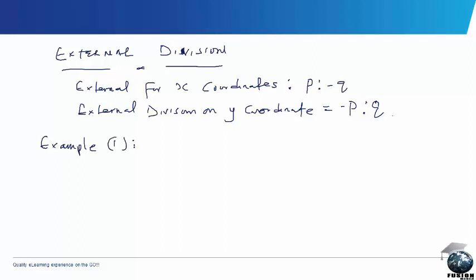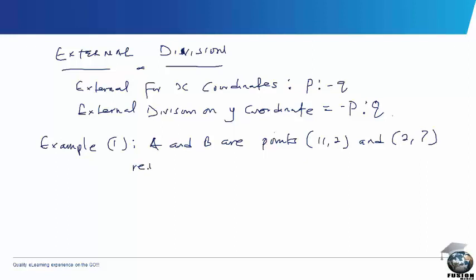Example 1. A and B are points (11, 2) and (2, 7) respectively.